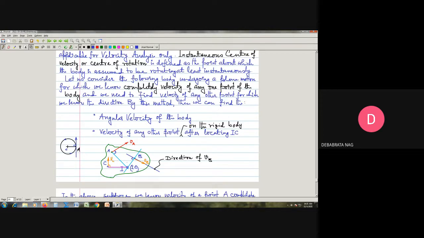Let us call this point as point O, and this point we will call the instantaneous center of rotation.